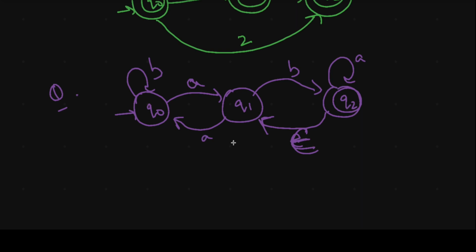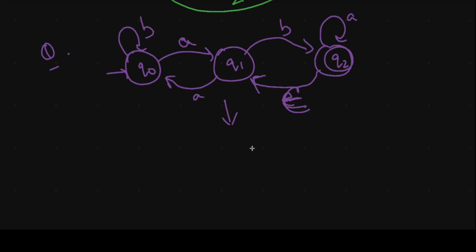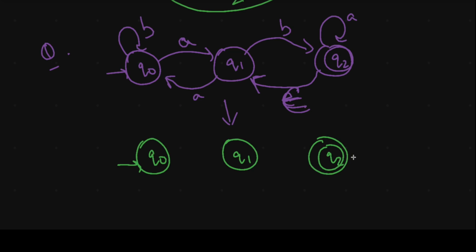Okay, so how will we eliminate the null move here? It will remain as it is, Q0, Q1 and Q2. Between Q0 and Q1 everything will be as it is, because there is no null move here. Now, since Q2 is our first state, we have to reach all the states.